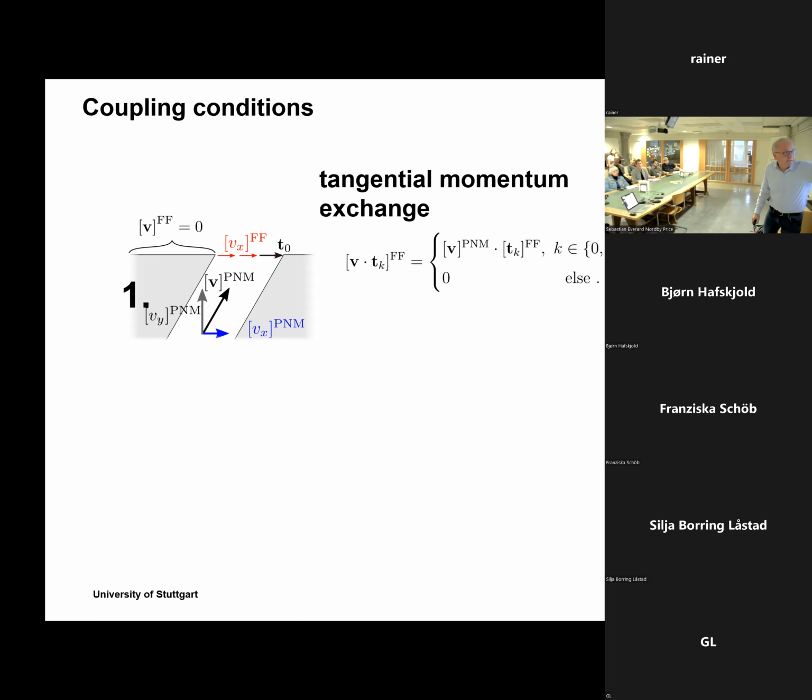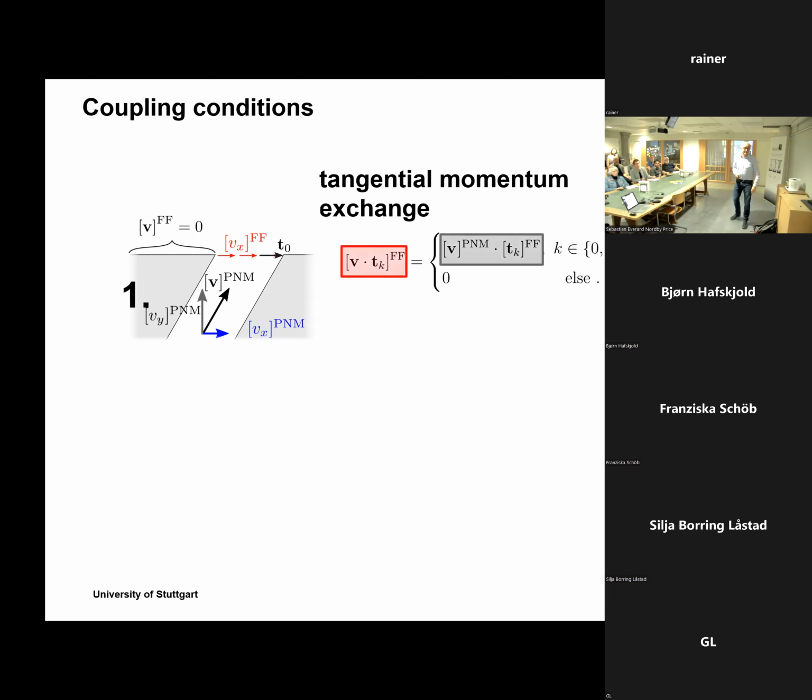That means at first, let's have a look at the tangential one. Okay. That means, in other words, here the tangential is 0, and here you have a shear stress. Very simple. Okay. The question is really how you can calculate now the shear stress between the pore and the free flow. Why? That's the 1D and that's the 3D approach. How can you bring these things together?